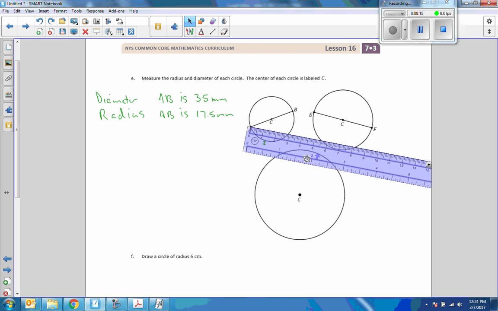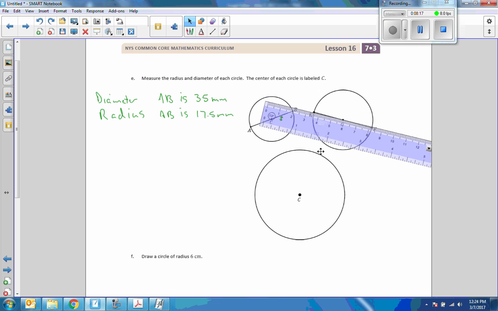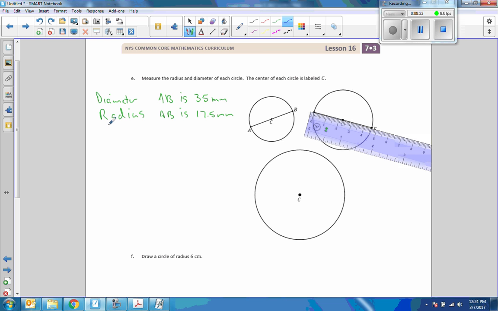So let me rotate this over here until it's parallel. So now we're doing EF. Approximately that, I'd say that's 46. So I'd say diameter EF is 46 millimeters.